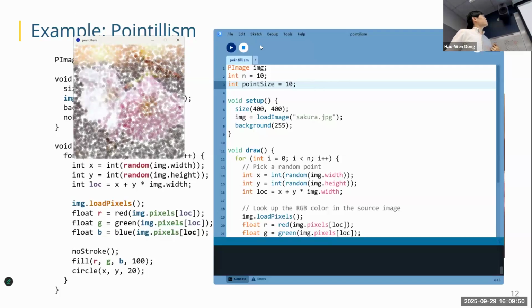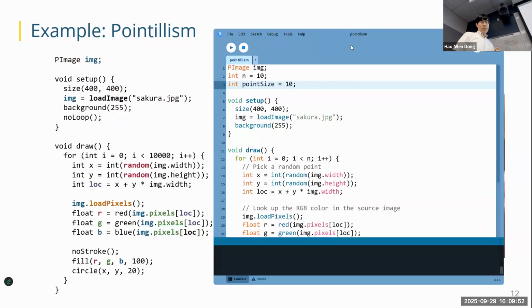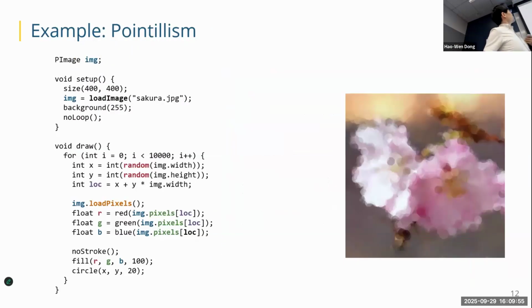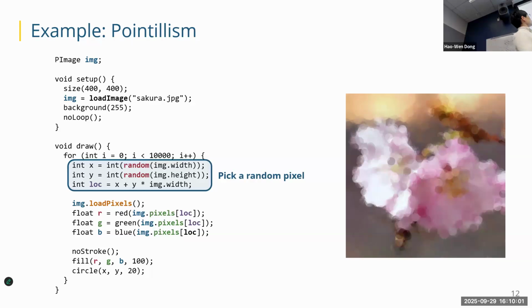But basically, to implement this is not so tricky. So you basically load the image, sakura.jpg, so that you get the image. Now you randomly, for integer i equals 0, i smaller than n. So you basically do a lot of points for each single frame.